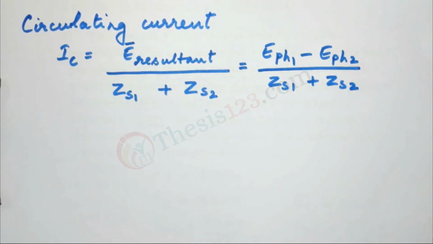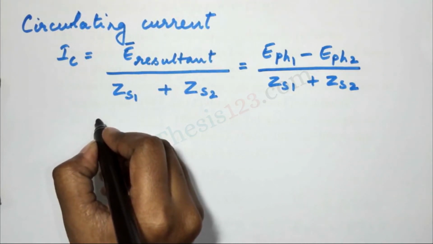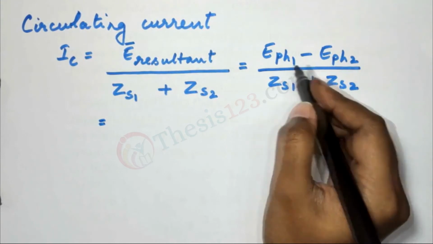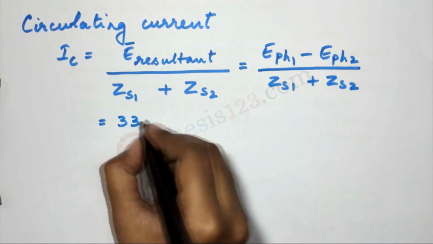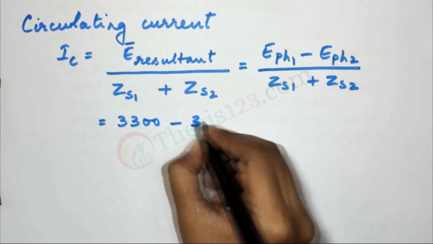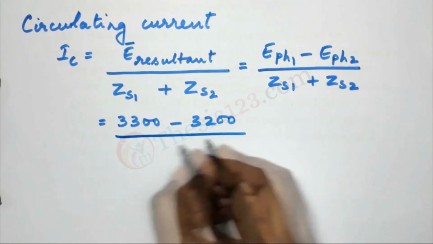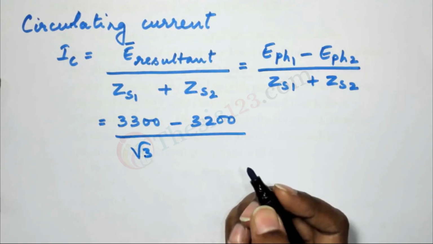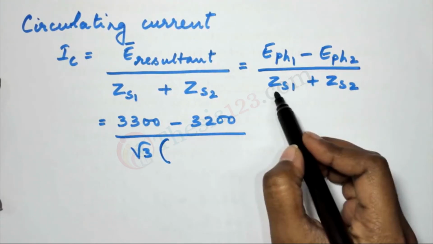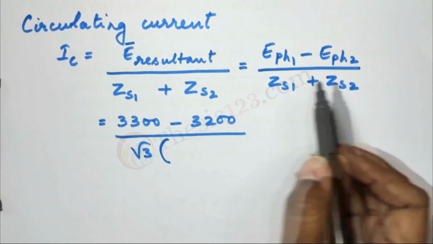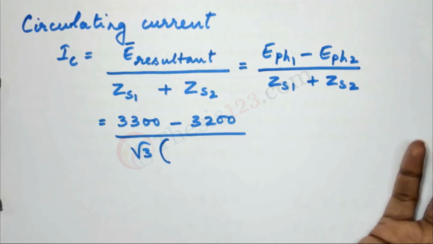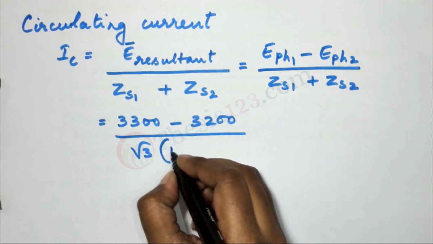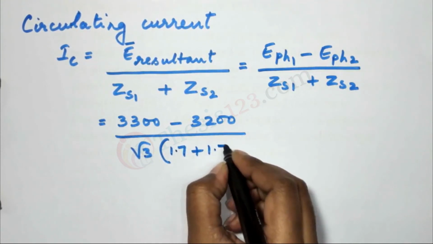Okay, so let's now substitute the values. E phase 1 minus E phase 2. What did we have over here? We had 3300 minus 3200 divided by root 3 into ZS1 plus ZS2. So the synchronizing impedance is the same as the synchronizing reactance given to us, which is 1.7. So 1.7 plus 1.7 over here.